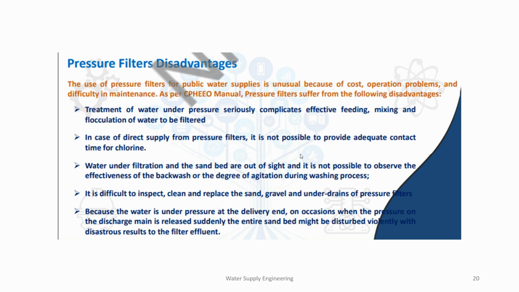And another problem is water under filtration and the sand bed are not visible. So when we do the backwashing process, we may not be able to observe the effectiveness. Also, the cleaning, replacement, all these processes are difficult in the case of pressure filters.